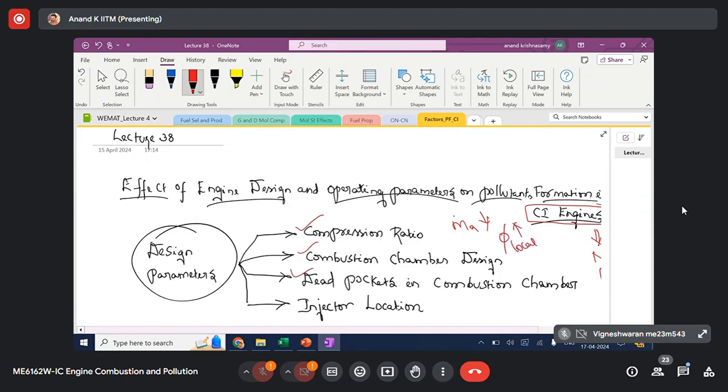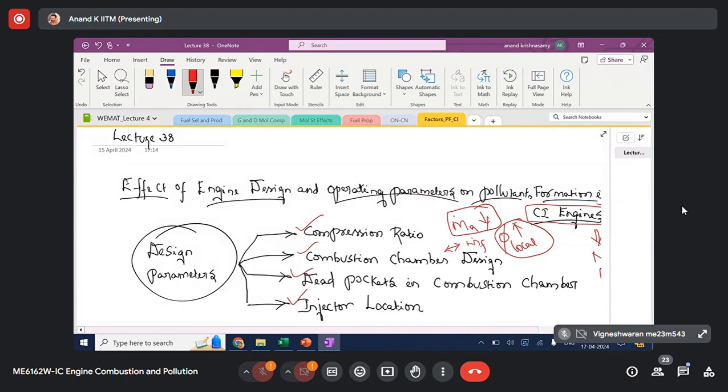Did you get what I'm saying? Let us say m dot F is constant, which you are controlling through injected fuel mass. If you reduce the air mass, the local phi value is going to rise. This trapped air in the dead pocket is going to affect the local equivalence ratio, thereby affecting the pollutant levels.